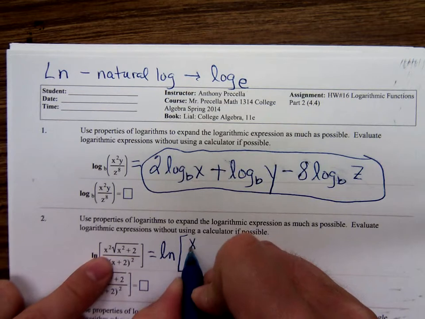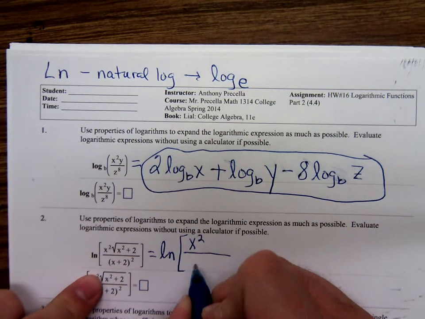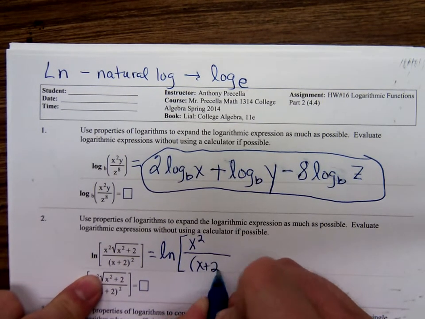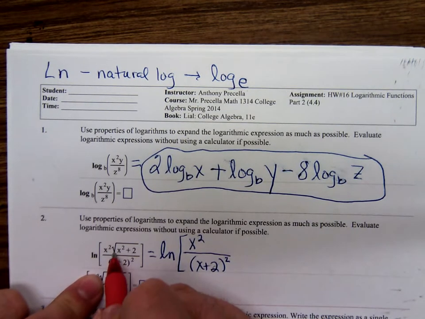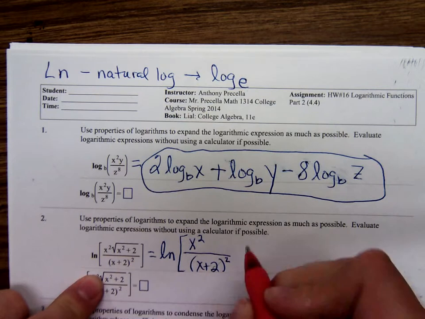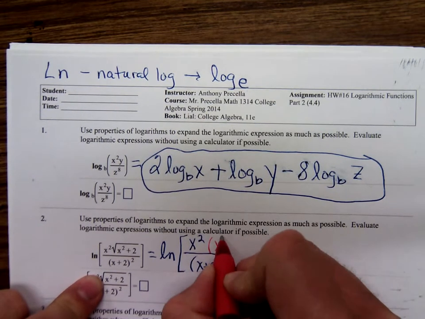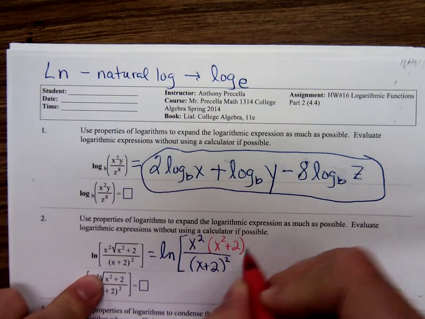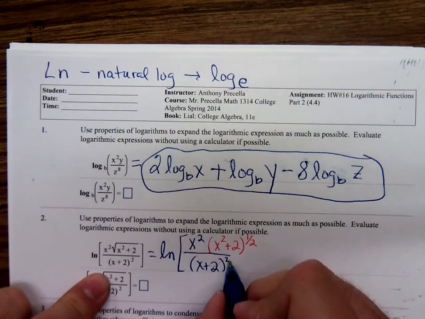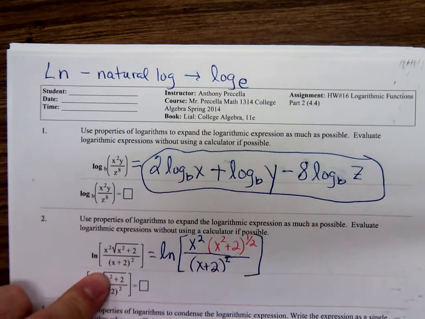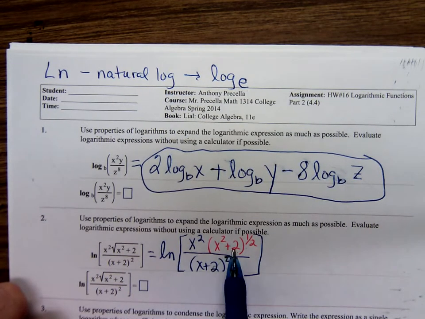This would be x squared. And the bottom we have x plus 2 squared. Here, the square root of x squared plus 2, you've got to rewrite that square root as a 1/2 exponent. And then you separate. 1, 2, 3.